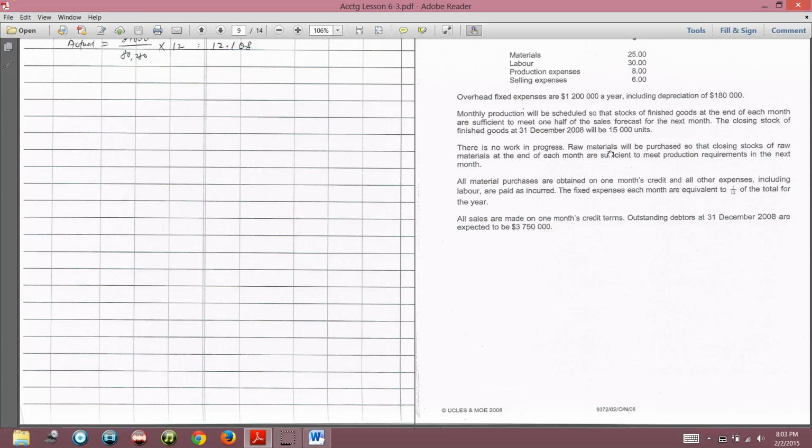So isn't it true that the raw material requirement for February's production will be paid in February itself? In January, you must buy enough for February's production, but January's purchase will be paid in February.